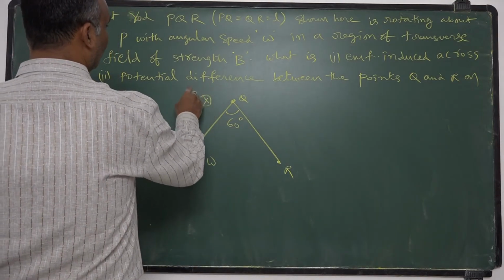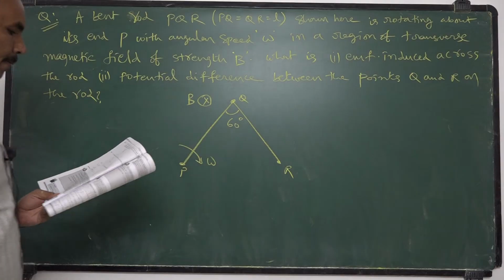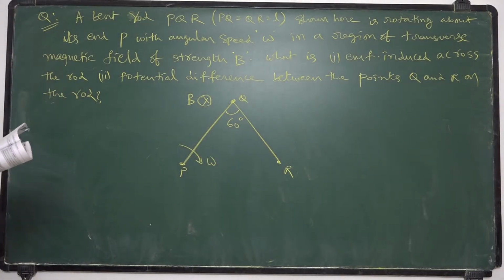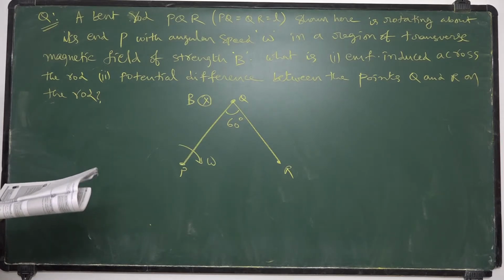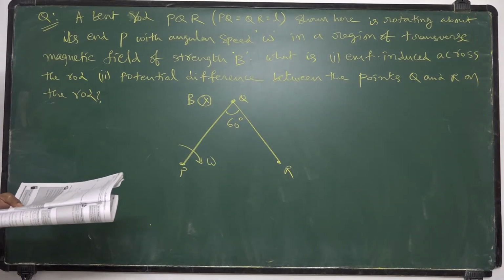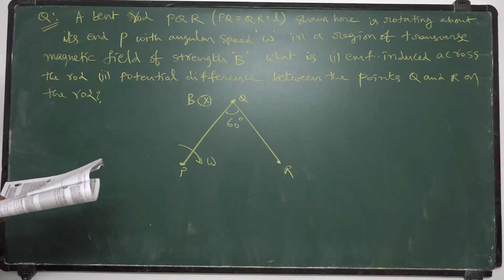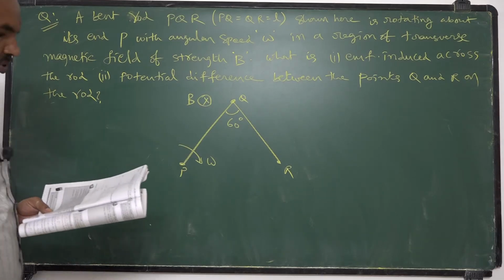The strength of the magnetic field is B, and it is into the paper. So a bent rod PQR shown in the figure is rotating about its end P with angular velocity omega in a region of transverse magnetic field of strength B. What is the EMF induced across the rod? So let me calculate the solution.